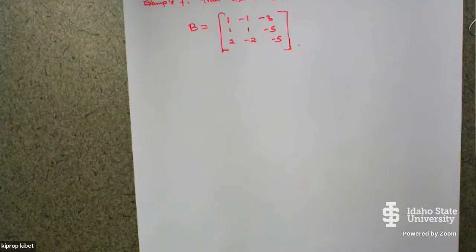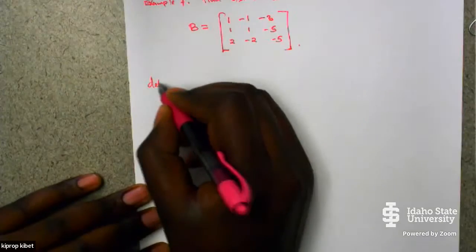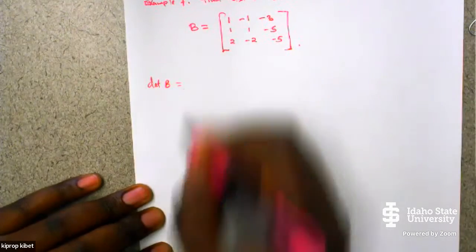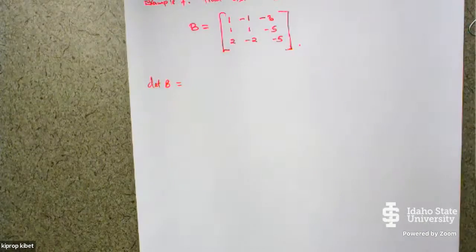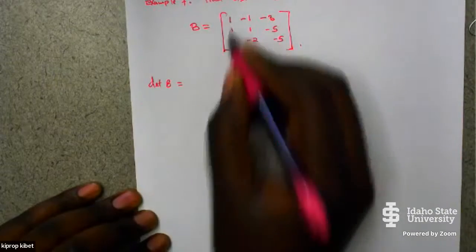So in this case, to get the determinant of B, we can use the cofactors method. We can use the cofactors method along, let's say, this column.